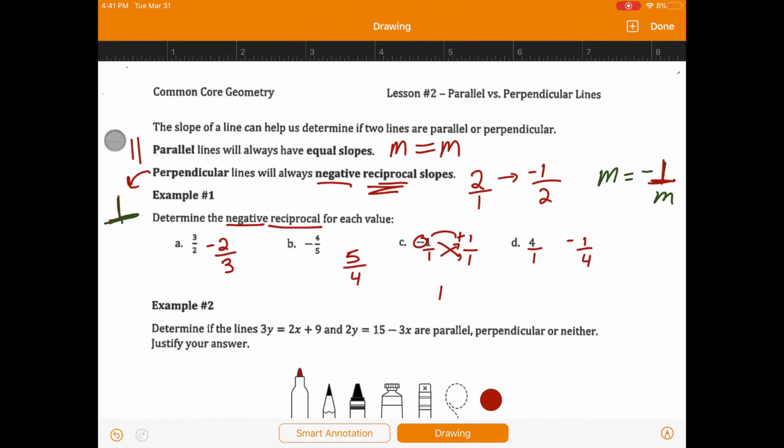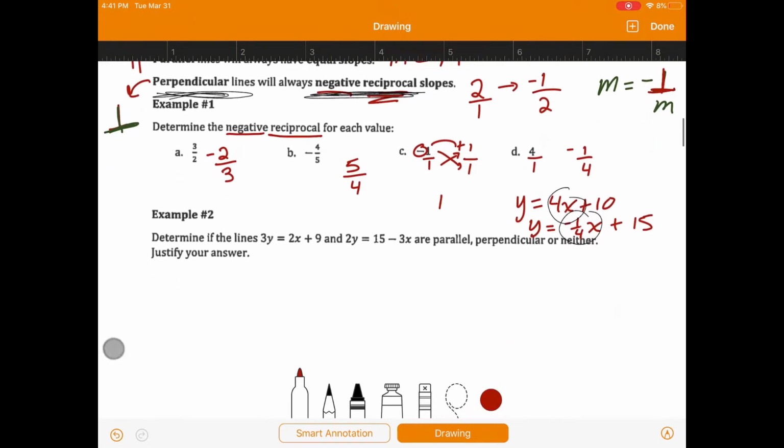So if we had 2 lines and we had y equals 4x plus some random number, and we had y equals -1/4x plus some random number, that means we know that just by looking at this part right here, since those are negative reciprocals, the lines are perpendicular. Okay, that's all we're getting from this.